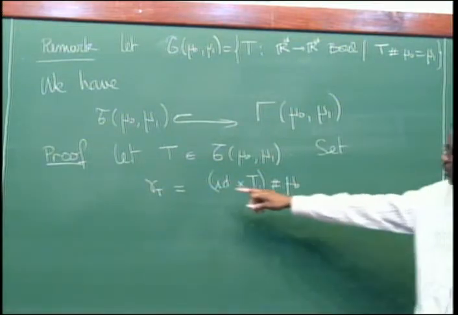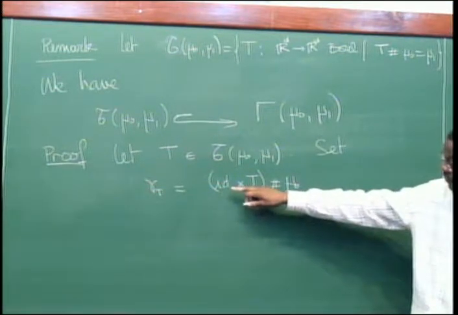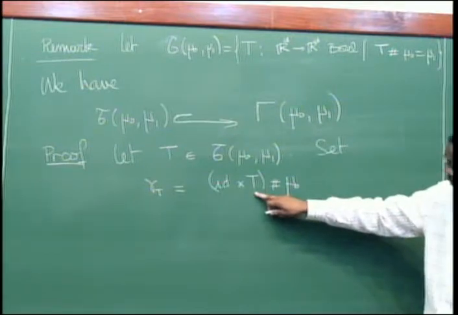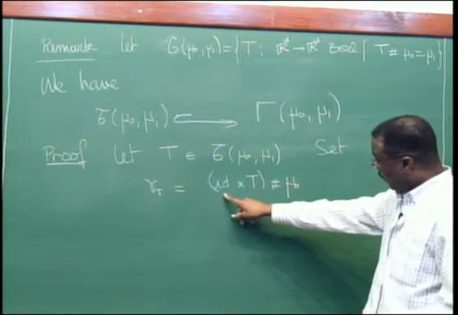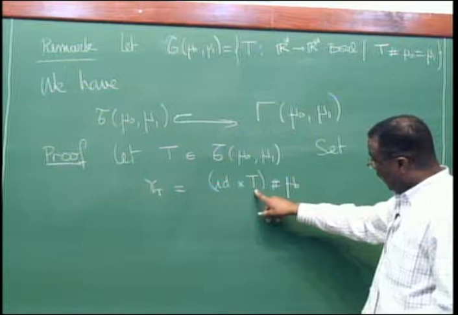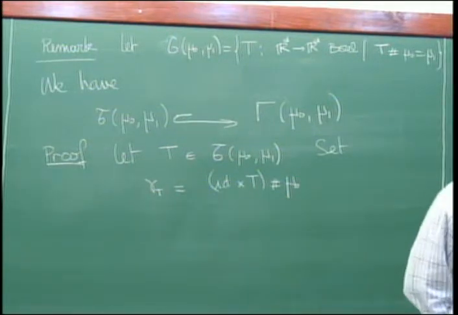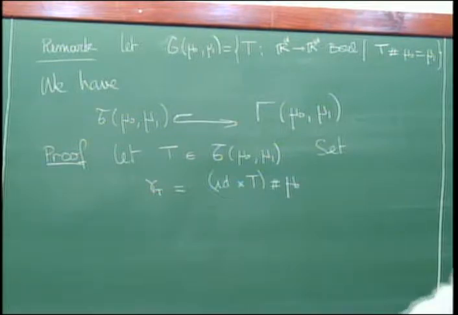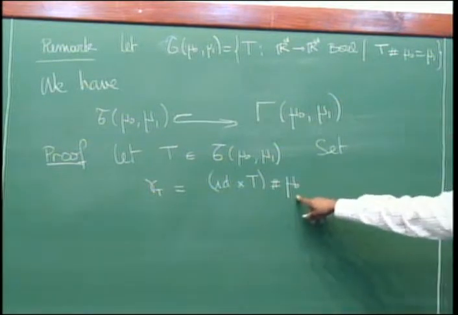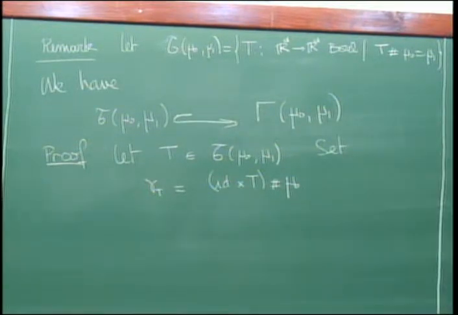So the identity cross T is a map from Rd to Rd cross Rd. The identity is a map from Rd to Rd, T is a map from Rd to Rd. The product is a map from Rd to Rd cross Rd. And so I am pushing a measure on Rd into Rd cross Rd.